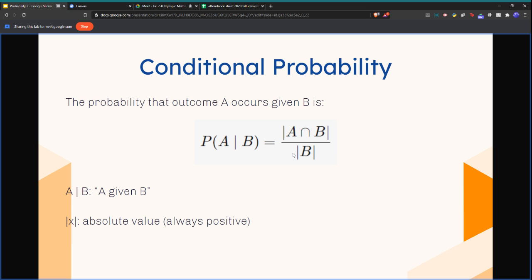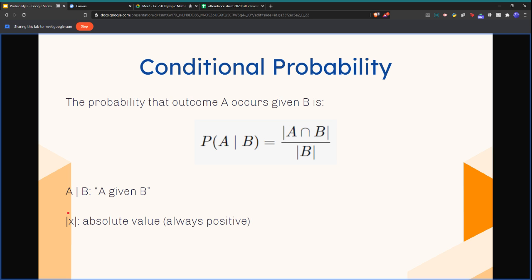And what this is equal to is this fraction. If you've never seen these lines that surround an expression, this represents absolute value. For those of you who've never seen what absolute value means, it just means that the expression inside will always become positive. Say x was 1, the absolute value of x would still be 1.